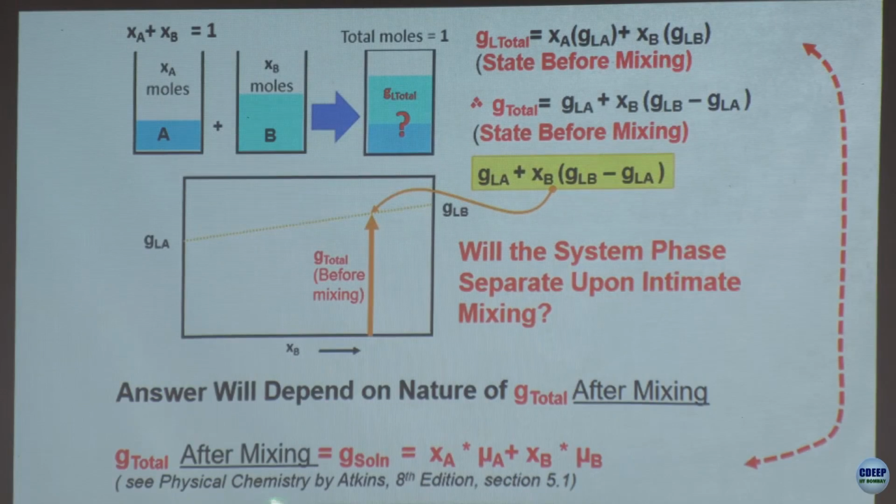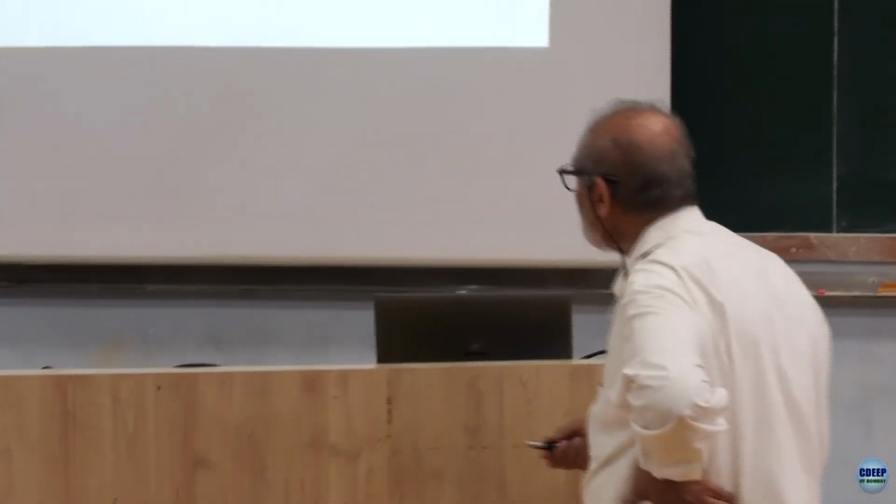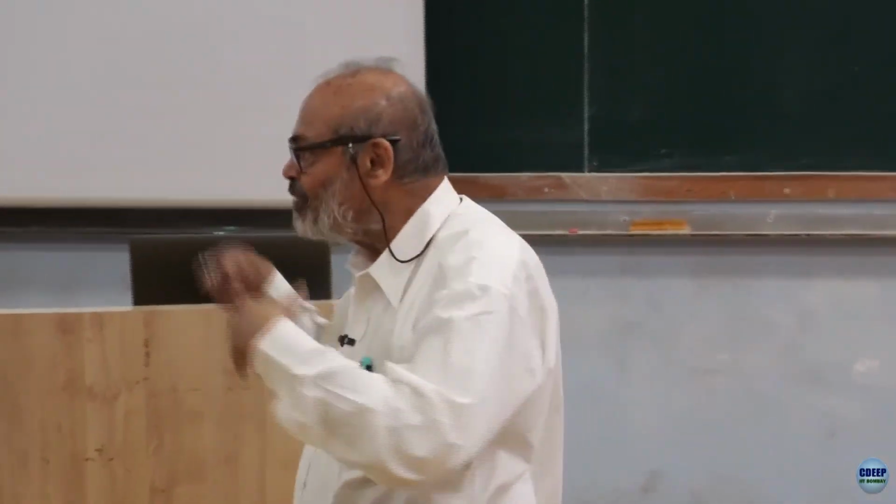So from that definition itself you can derive this expression. As long as the composition remains the same, XA and XB, the G solution is like this. This is the total after mixing. We don't invoke whether they phase separate at this point. Now we are going to look at that.